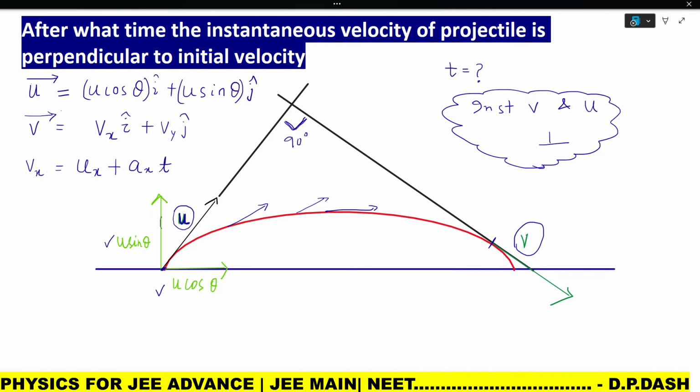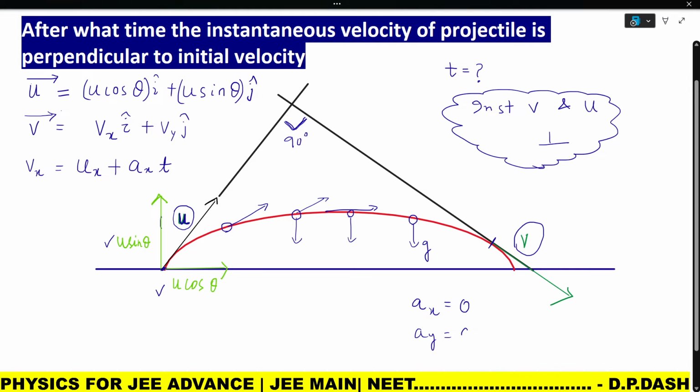Here the particle moving under this projectile or parabolic path experiences acceleration due to gravity only in the downward direction, that is along the y-axis. So along the x-axis acceleration is 0, along the y-axis we have acceleration g, or direction wise minus g.